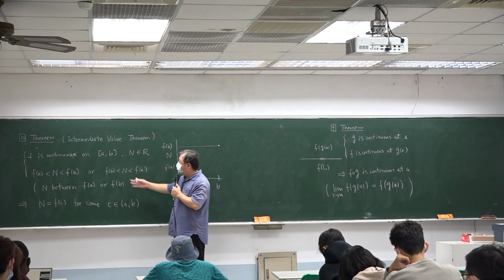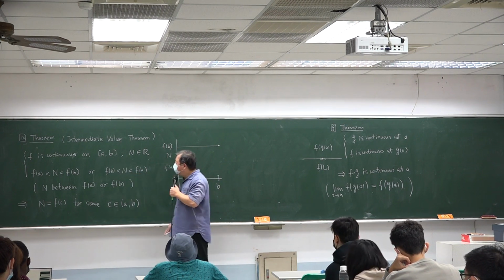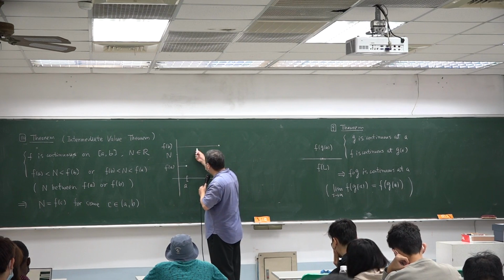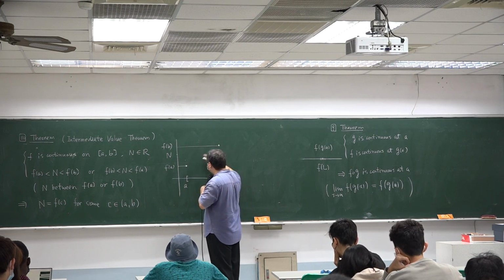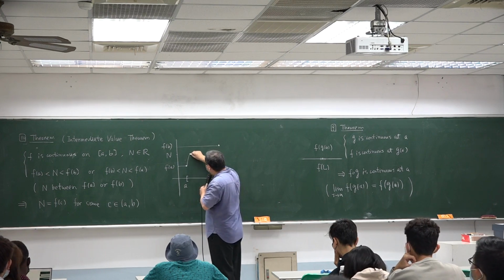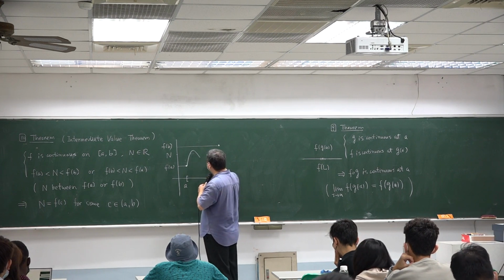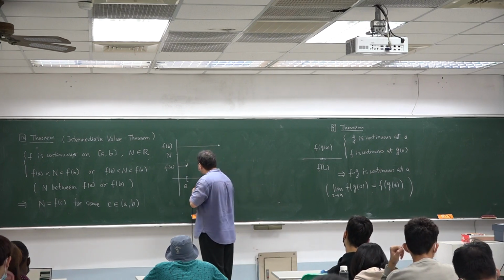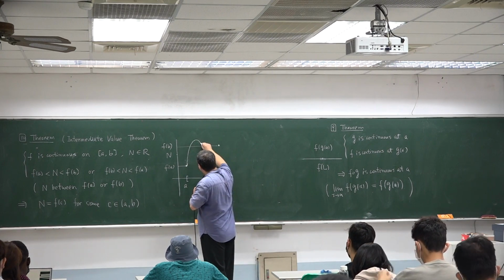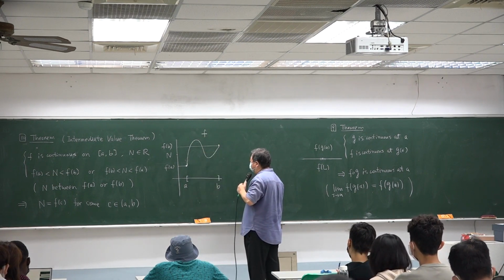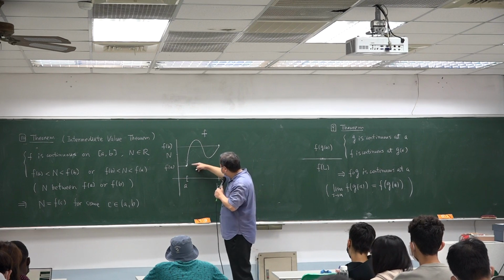use this condition. F is continuous on the closed interval AB, and we can maybe draw a picture. A continuous curve from here to here, from left to right, maybe up and down, or sometimes just a straight line.